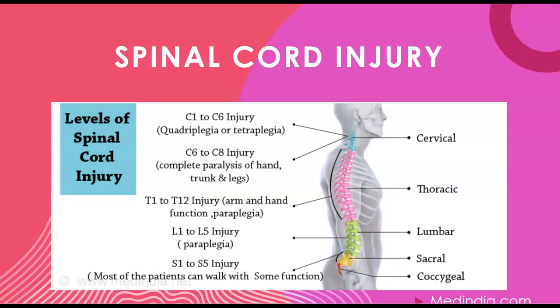Injuries are described according to where the injury is in the spinal cord. The most common sites of injury are the 5th, 6th, and 7th cervical vertebrae, T12 in the thoracic, and L1, the first lumbar.